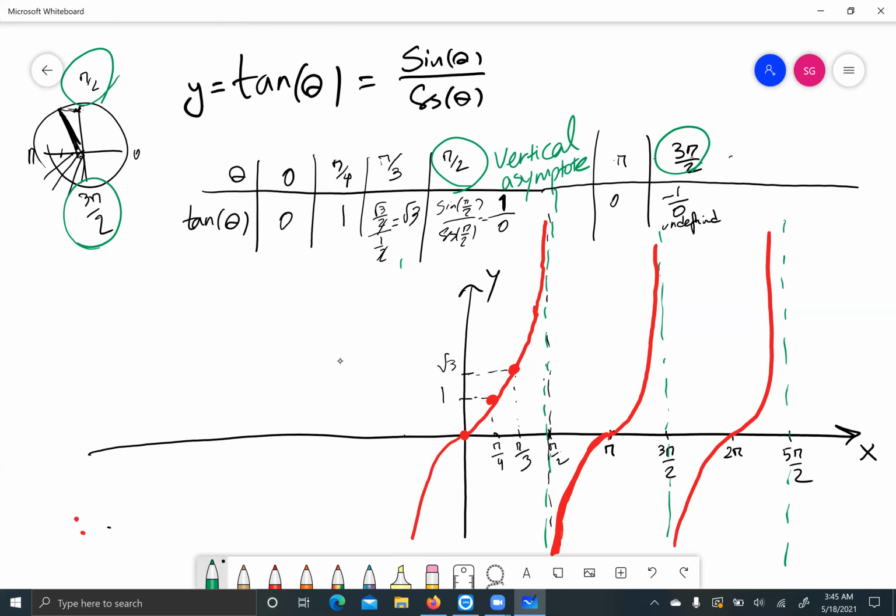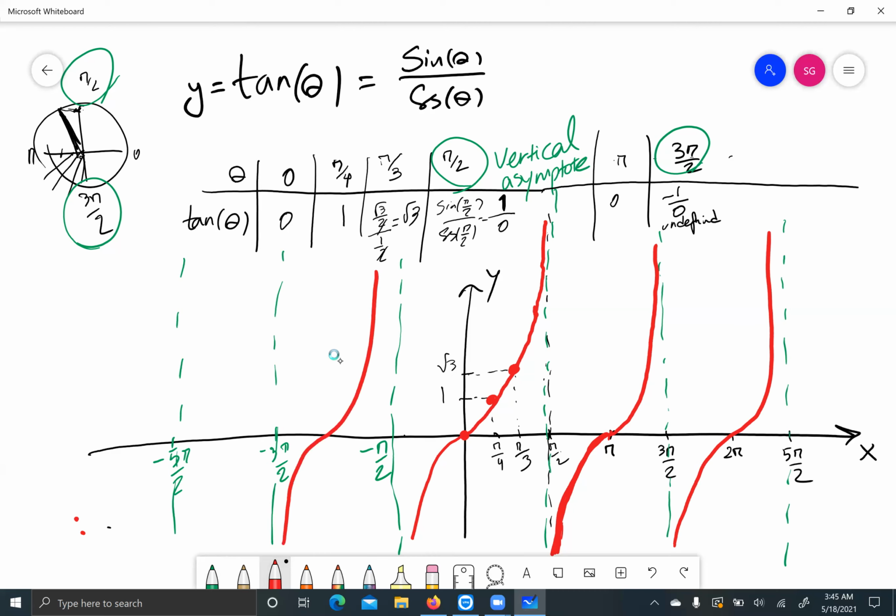And also here, this is negative pi over 2, negative 3 pi over 2, negative 5 pi over 2. These are all vertical asymptotes because at these values, the denominator is 0.